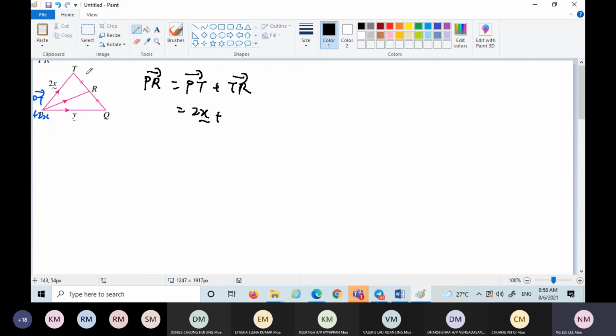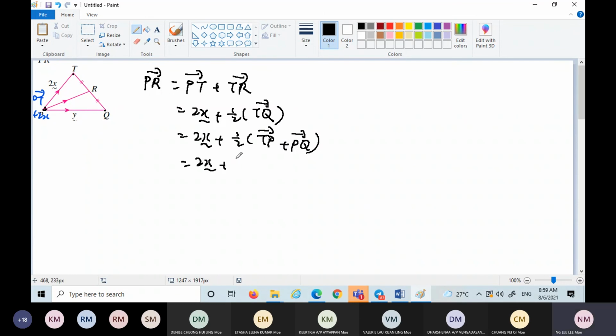TR, I have a problem already, but TR is half of TQ. You want to do it in one shot, also can, but you have to repeat the 2x and 2x and 2x. Then TQ is T to P, P to Q. Why do I use all this? Because only with these do I have the info in terms of x and y.